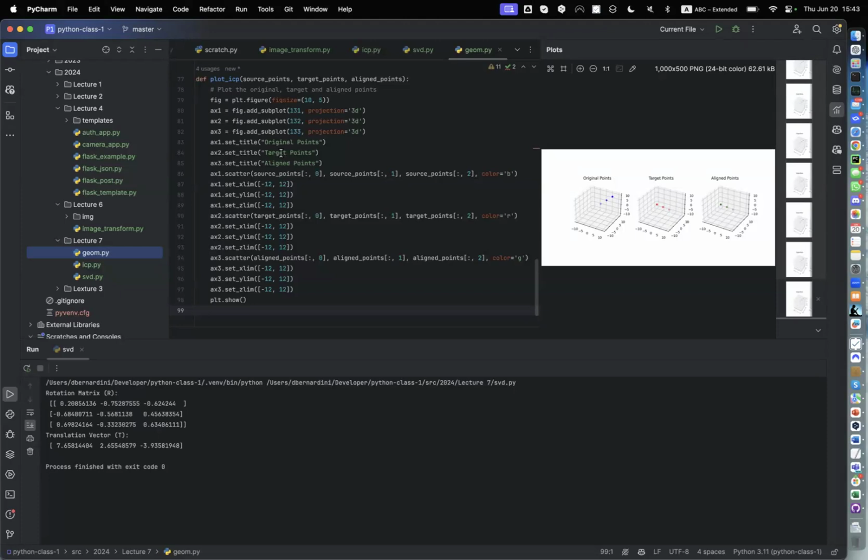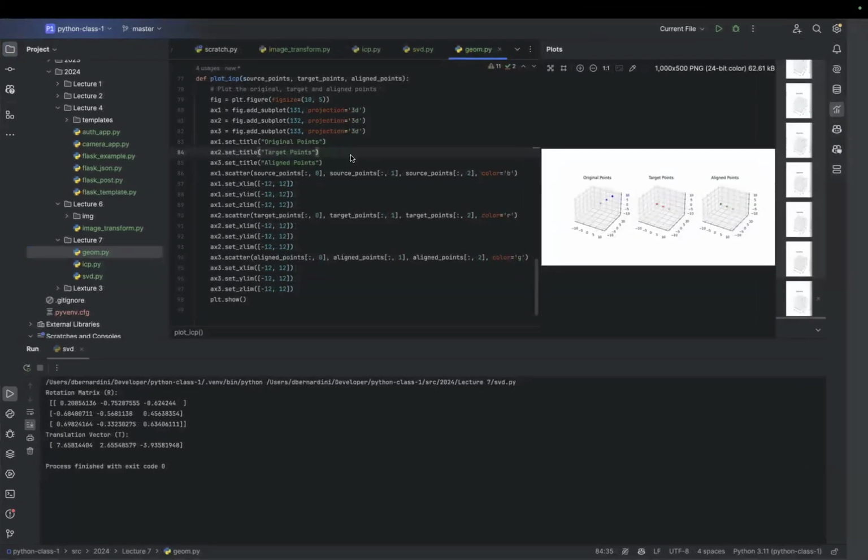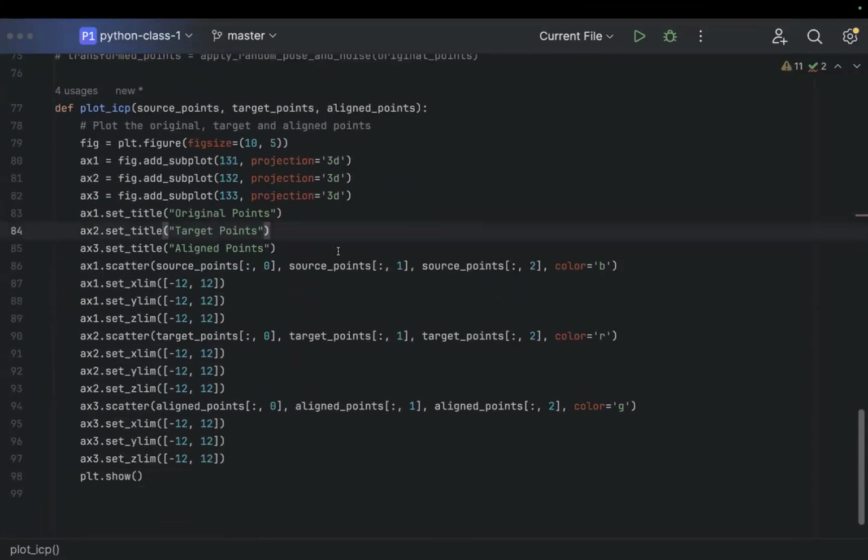Let's delve into this because it's quite interesting. So when you're dealing with point clouds, what you want to do is scatter plots, and then you can do these subplots with projection 3D, and it's important to remember to set the limits yourself, because otherwise it will stretch and you will not recognize what you're doing.